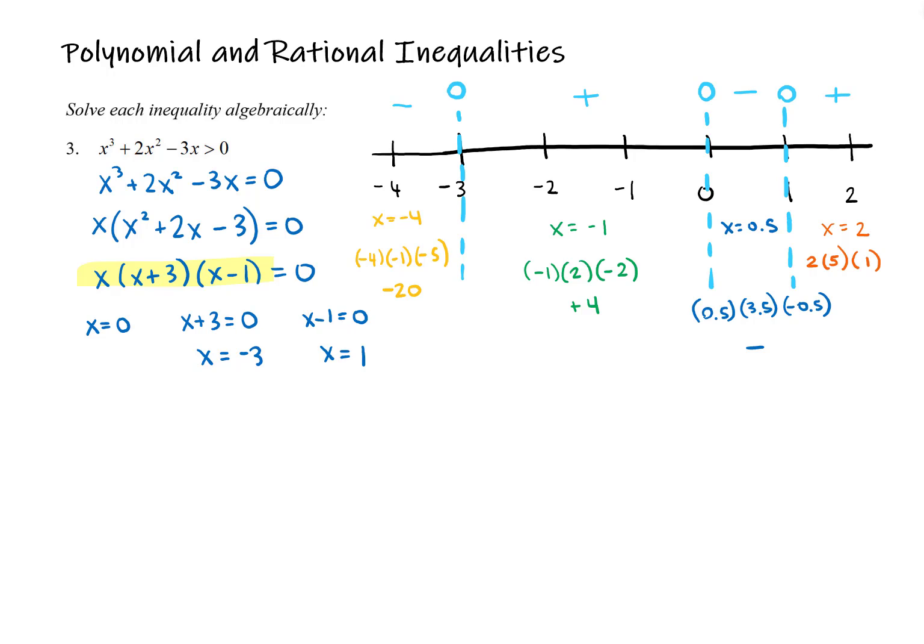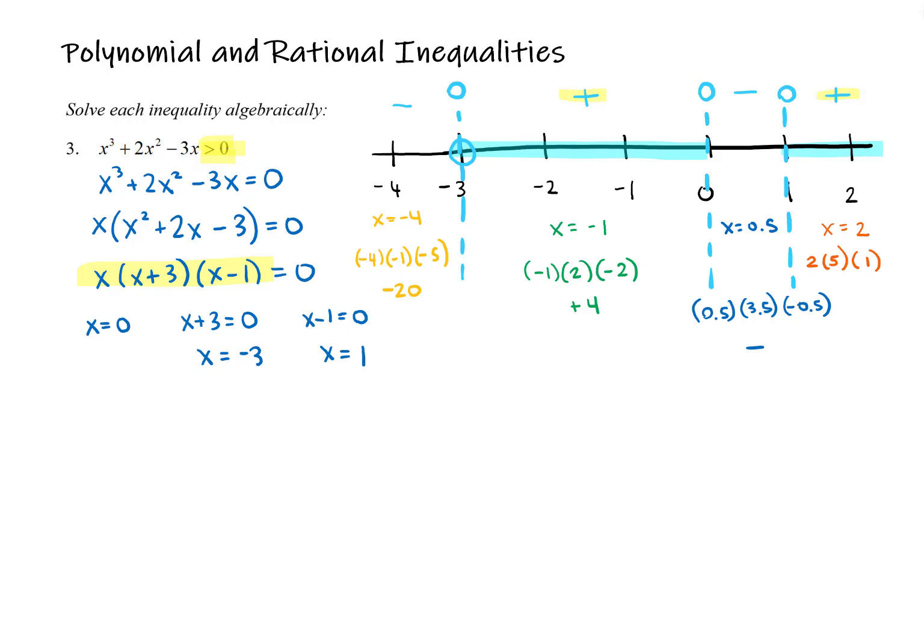And so above the number line, you can see I have my positive regions listed, my negative regions listed, and my zeros listed. And I want to know if they are positive, because the original question says, when is my function greater than 0? So I'm looking for my positive regions. I don't want to include zeros.